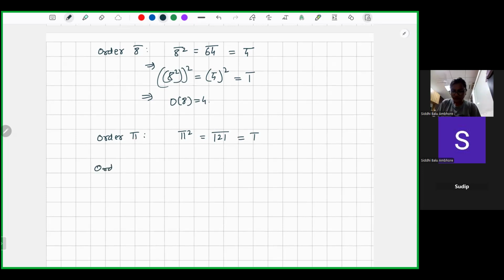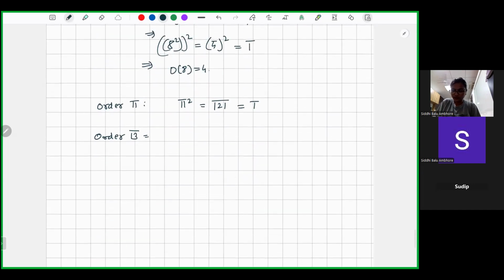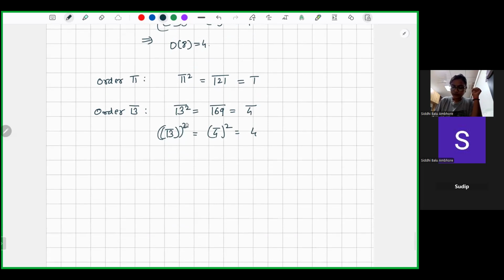And then the order of 13 bar, which we need to find. 13 squared is 169, and 169 mod 15 is 4 bar. Then 4 bar squared is 1 bar, and this will give the order of 13 to be 4.